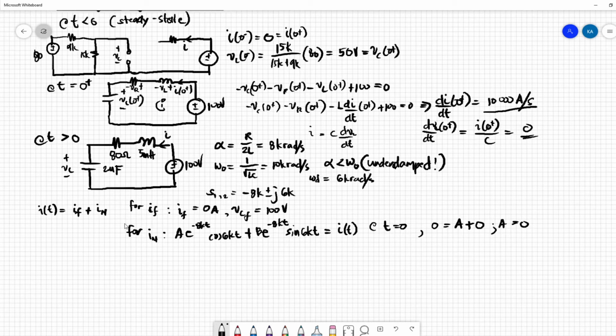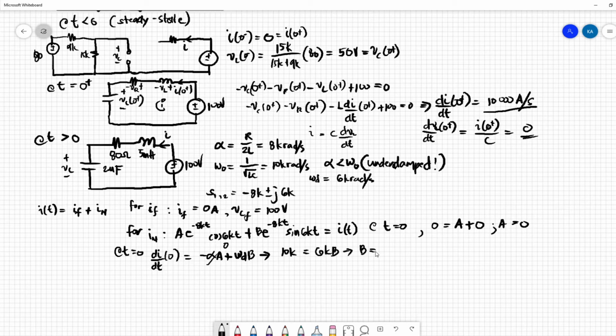So solving for the value of B, we will derive this equation. And solving for B at t equals 0, di/dt at 0 is equal to negative alpha A plus omega d B. So this is equivalent to 10k equal to, this is 0, then we have 6kB.